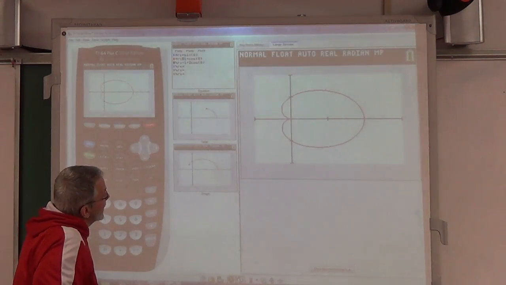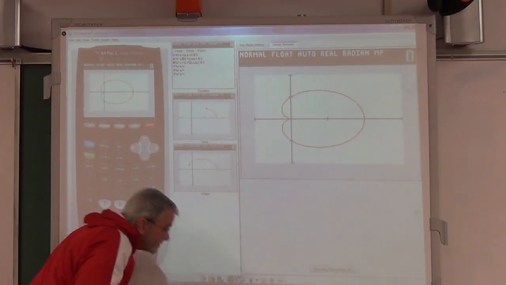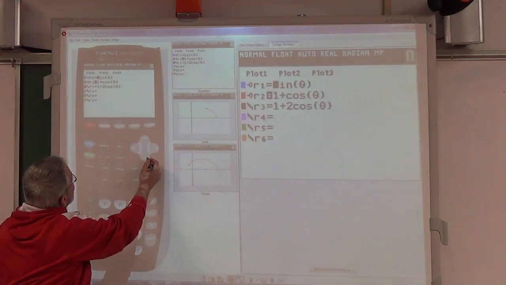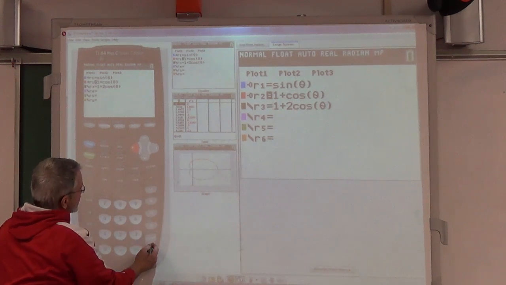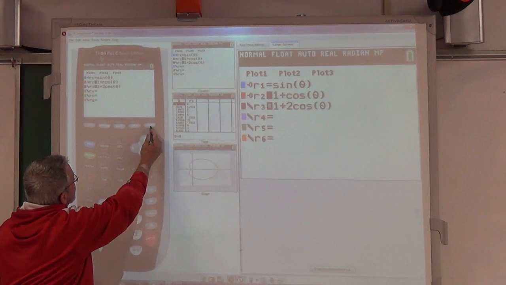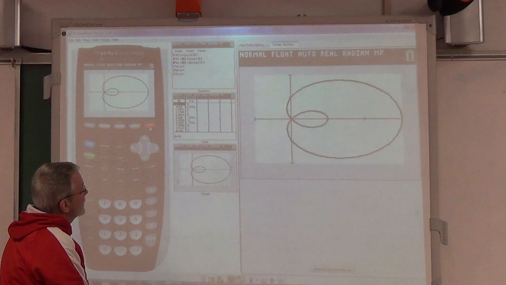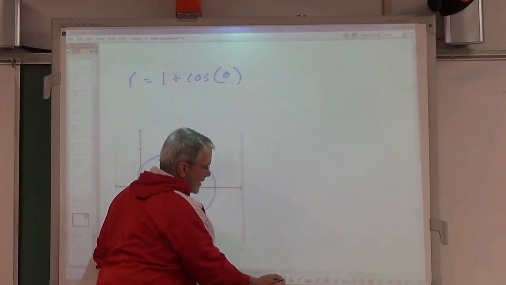I'll bet you $5 to a donut that the graph I'm talking about here is this graph. I'm going to turn this one off. There we go. And that's the one I wanted to talk about. So let's go back here and get this correct.